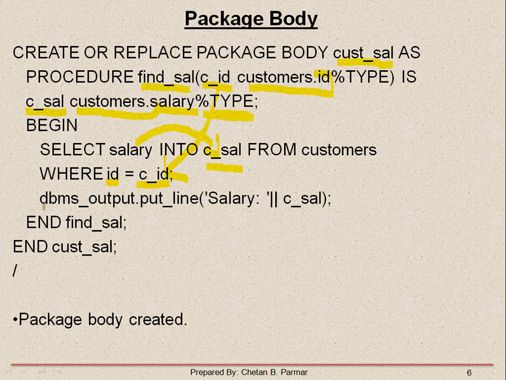Then I'm printing here dbms_output.put_line, and the value I am printing is c_salary. Then end find_salary is the procedure termination, and end cust_salary is the package body termination.